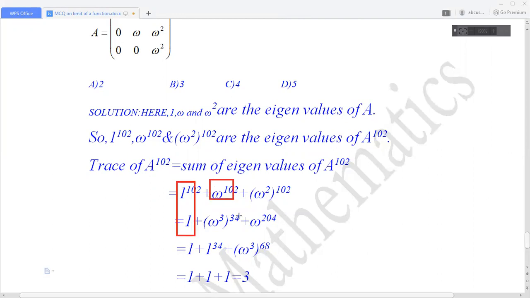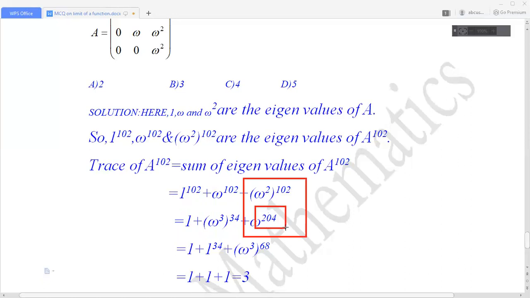Omega to the power 102 can be written as omega cube whole raised to the power 34, since 34 times 3 gives 102. So we can just split the combined power here, and here is the same case. 2 times 102 will be 204. Okay, and here we have just split the power.